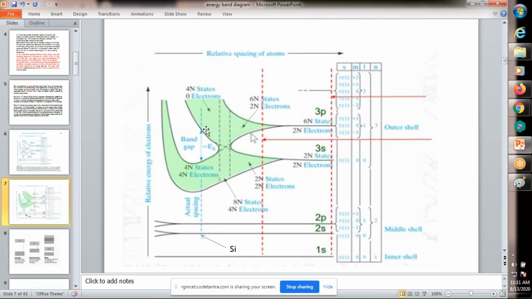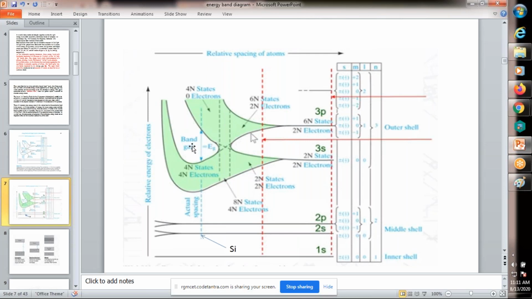Remember this. Finally, in any atoms, as the spacing decreases, they form an energy band, which again divides into two parts: the conduction band above, and the valence band below, separated by an energy band gap.